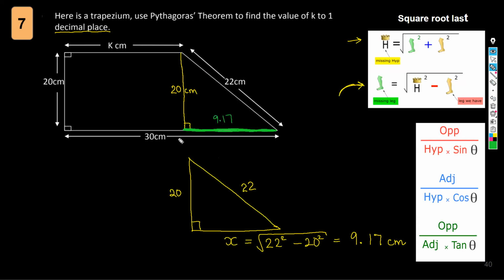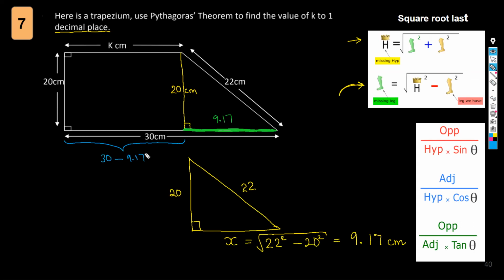If the whole line is 30 and the green portion alone is 9.17, how much is the blue portion? Because the whole thing is 30 and the green part is 9.17. Isn't that a simple subtraction question? 30 minus 9.17.